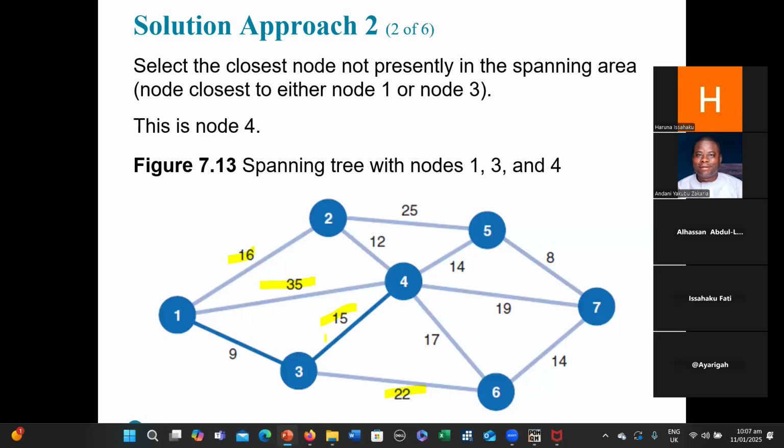So the closest, the least among them, is what? 3 to 4. So we connect that one as well.